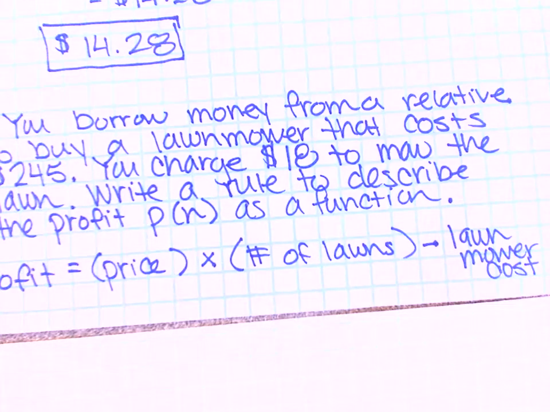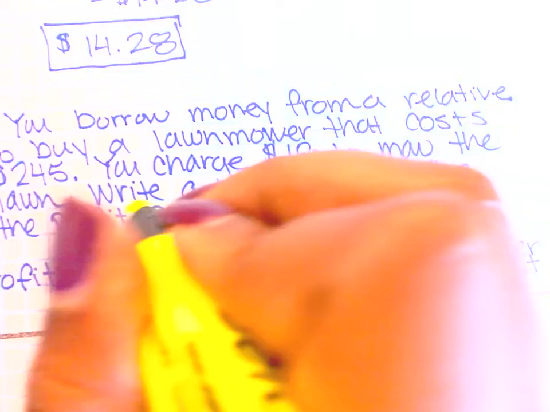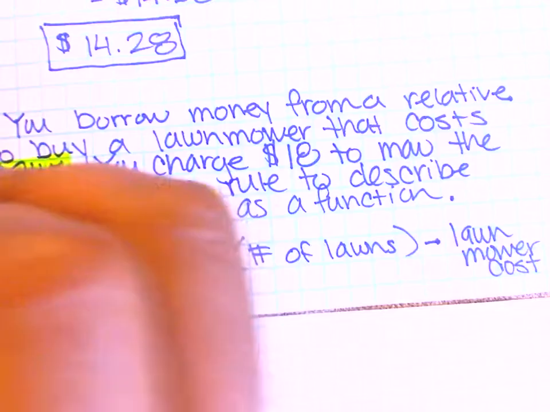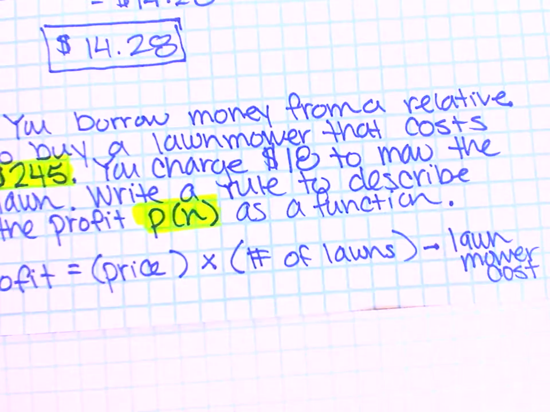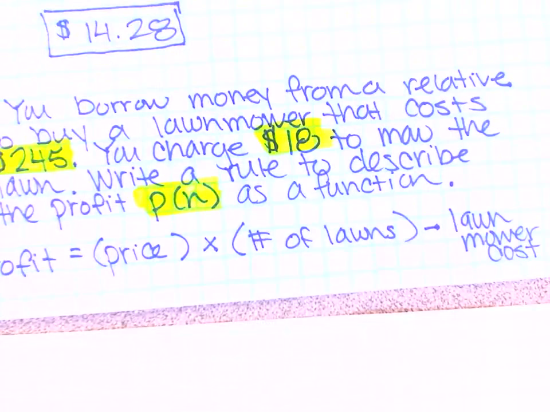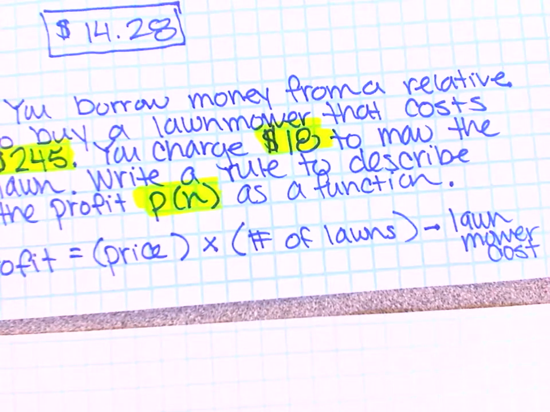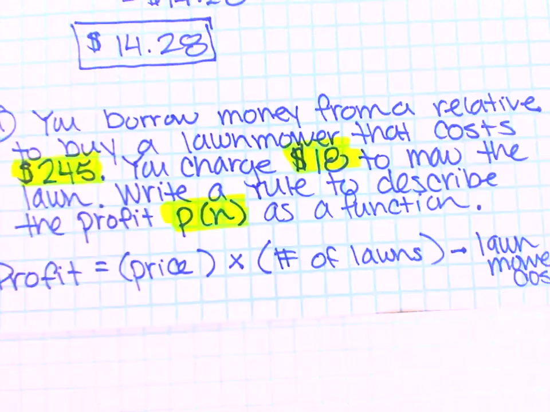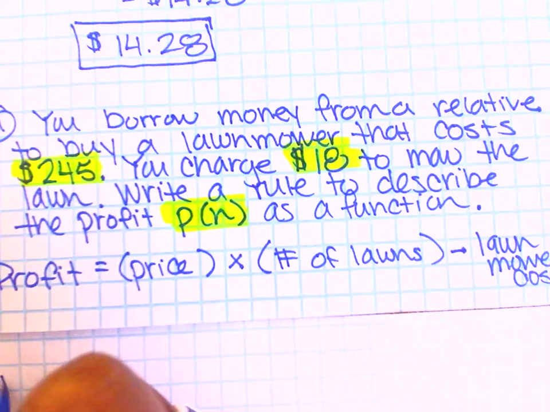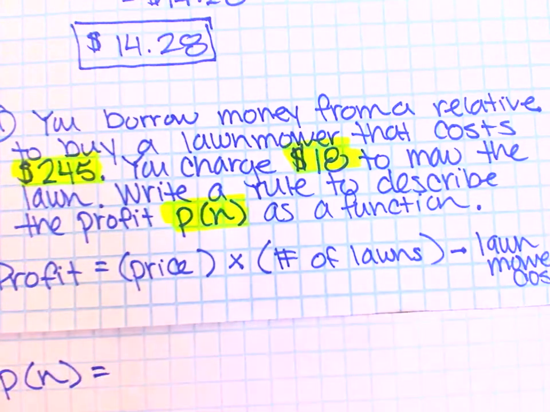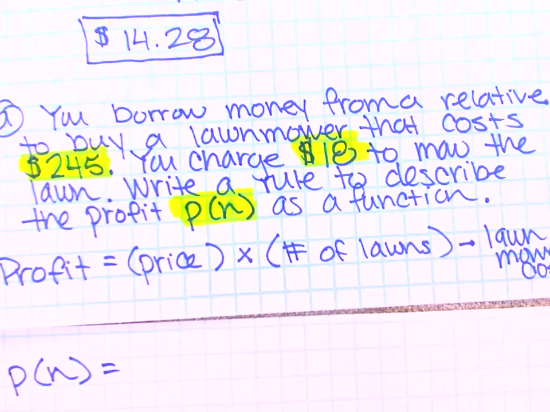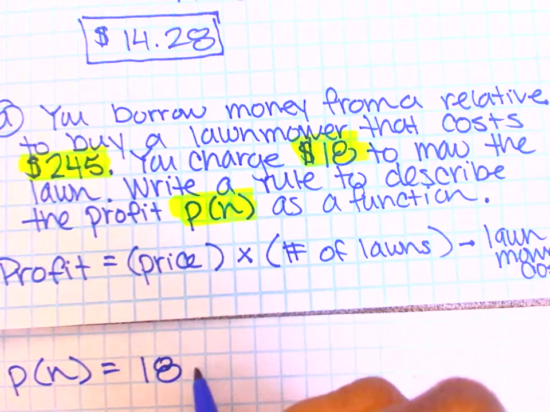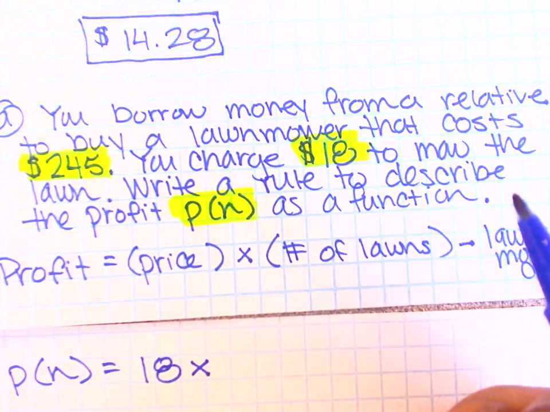So in my question, here's profit is P of n, so there it is right there. The lawnmower is $245, that's how much it costs, and I charge $18 every time I mow someone's lawn. So my profit is represented as P of n, I highlighted that. P of n equals, how much do I charge to mow lawns? $18 times, how many lawns am I going to mow?